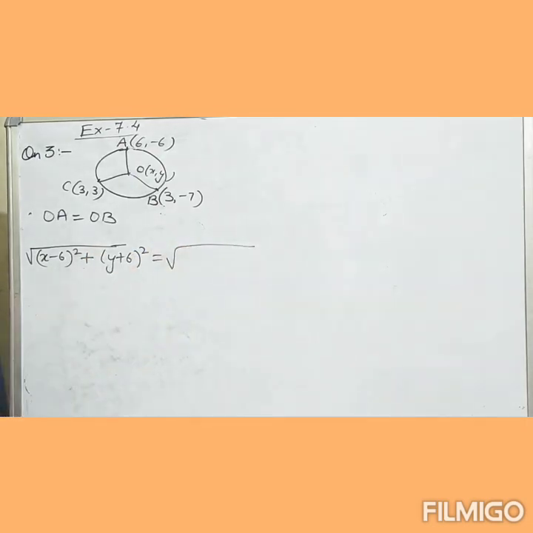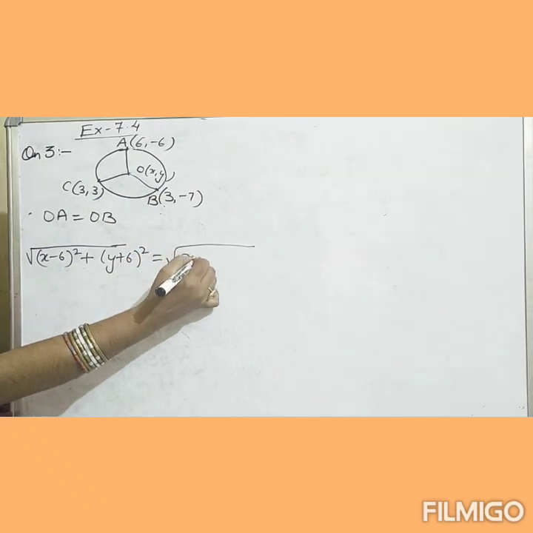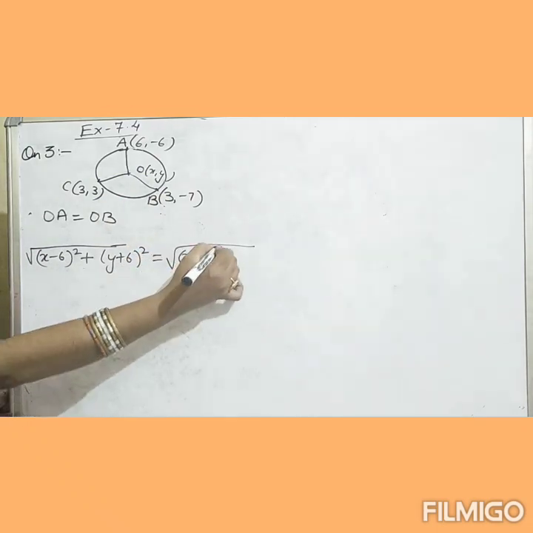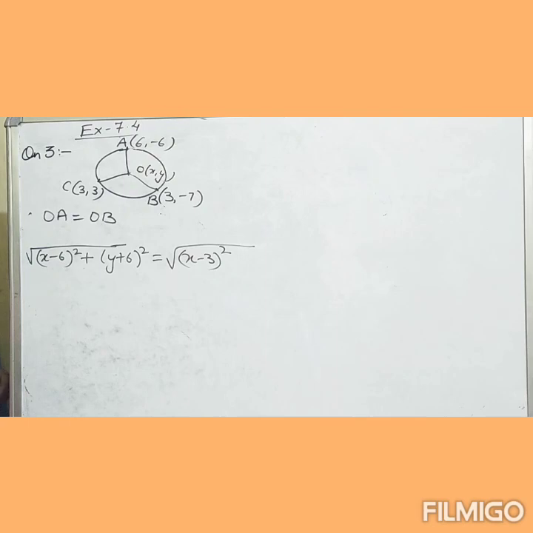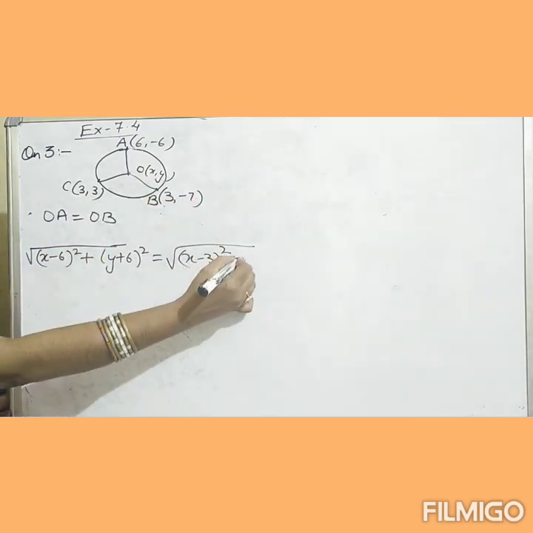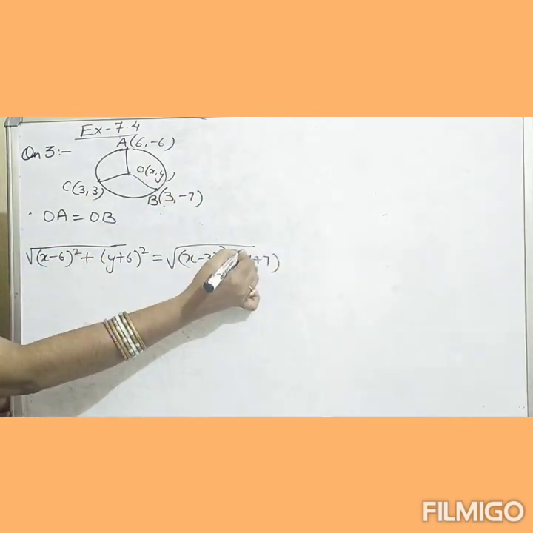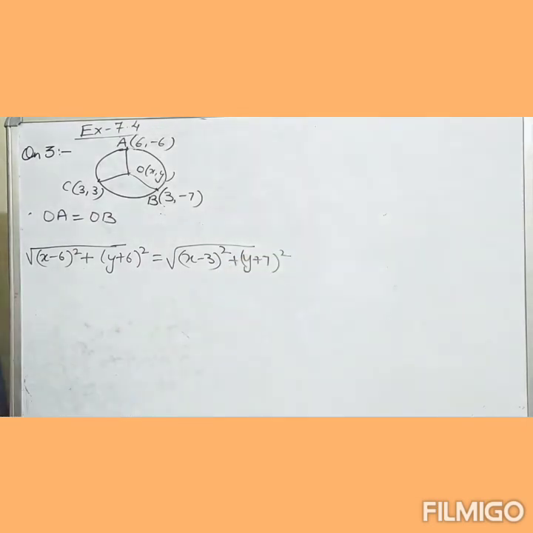OB again by the distance formula is under root of (x minus 3) whole square plus (y plus 7) whole square. Now squaring both sides.